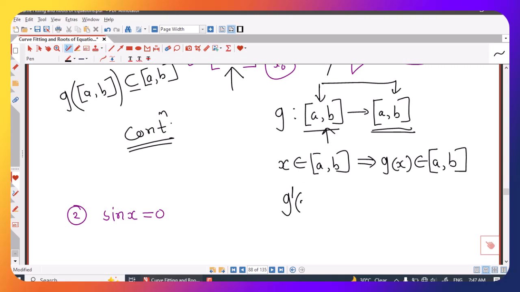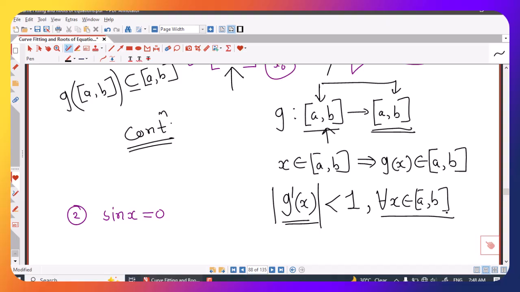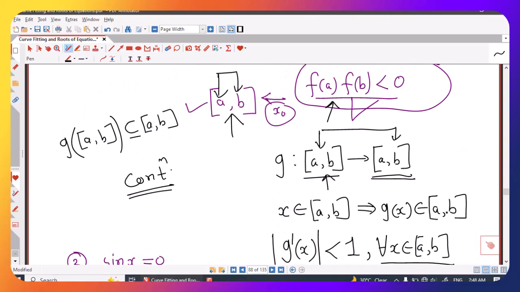And the absolute value of the first derivative of g, that is |g'(x)|, must be less than 1 for every x in this interval. First requirement is continuity.